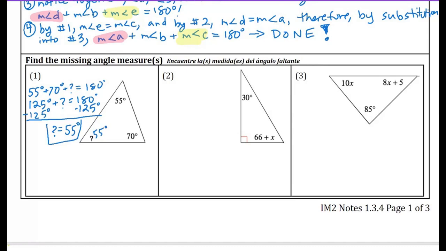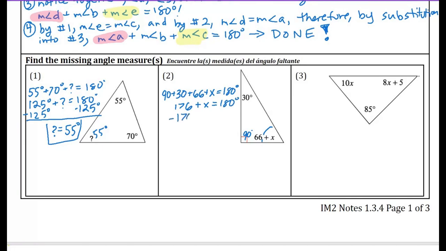Next, we have a right angle, so this is going to be a 90-degree angle right here, and I'm looking to find the value of what 66 plus x must be. So I have 90 plus 30 plus 66 plus x must equal 180 degrees. Combining like terms gives me 176 plus x equals 180 degrees.